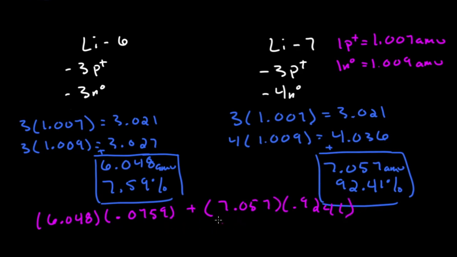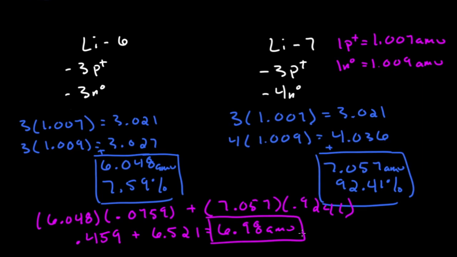When we do this out, we're going to get 0.459 plus 6.521, and we get 6.98. And this would be AMUs here, and this is going to be the average atomic mass of lithium. So I'll put average atomic mass.